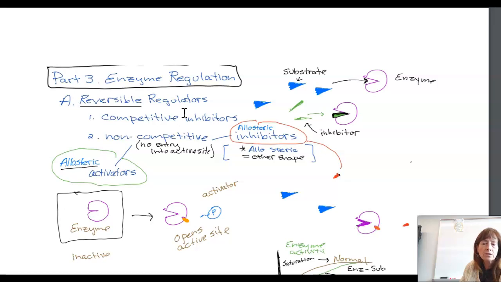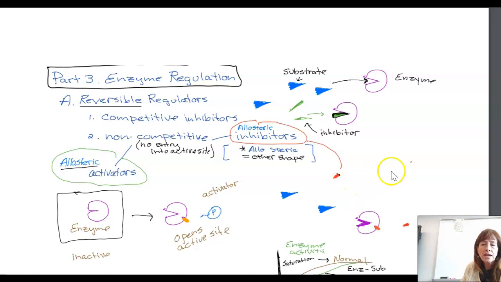Now there's also some things we call non-competitive, and those are ones that change the shape of the enzyme. So we call those allosteric because they cause the enzyme to form a different shape temporarily. So if it's an allosteric inhibitor, notice this little wedge over here, this is what I'm saying is the allosteric inhibitor for that enzyme.